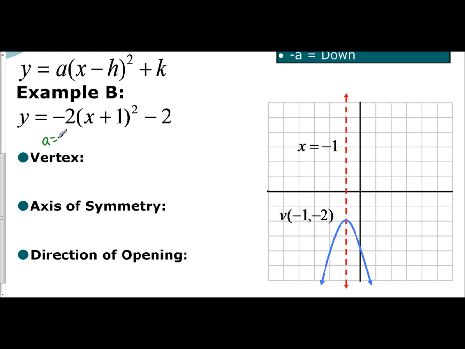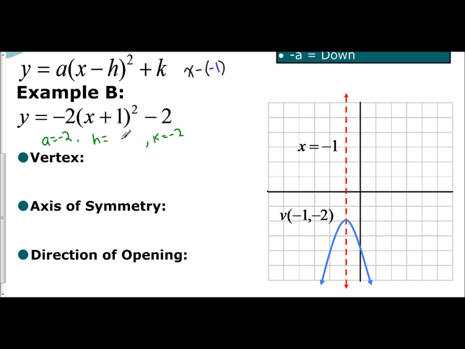A is negative 2. I go right to k next because it's easy. k is negative 2. h involves some thinking. The formula says x minus h, but your problem says x plus 1. So you need to figure out what number you are subtracting in order to make it a positive 1, and you're subtracting a negative 1.